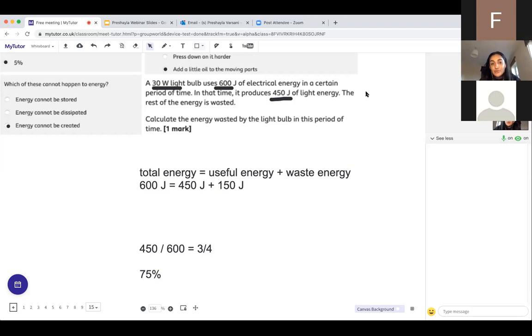Saving energy is important because remember, energy is costly. We have to pay for energy in our homes. And we'll talk about this in tomorrow's webinar when we talk about renewable and non-renewable energy resources. We really want to try and use as little energy as possible, because to get energy, we have to create it in power stations, and we're using mostly non-renewable sources, and that's bad.